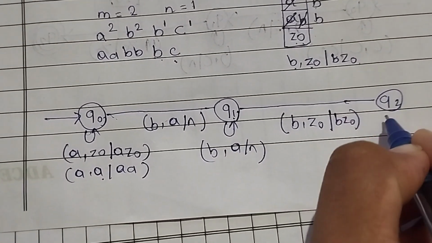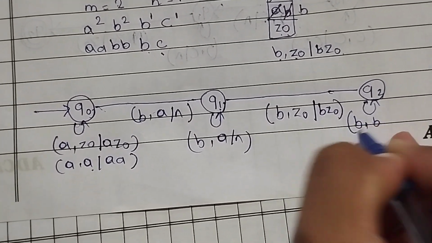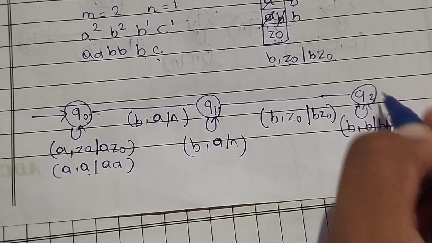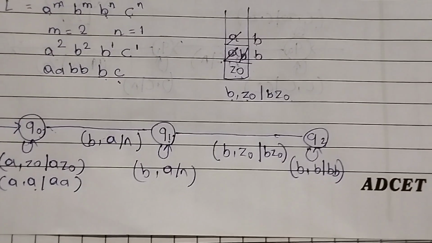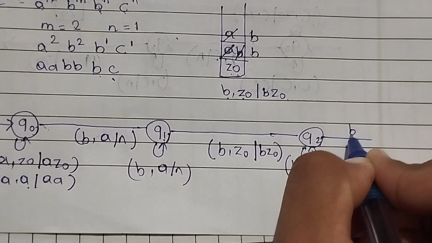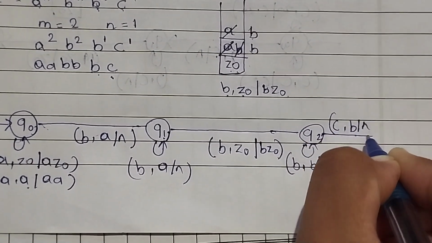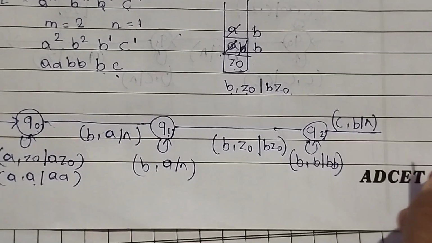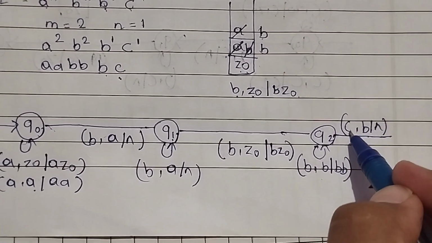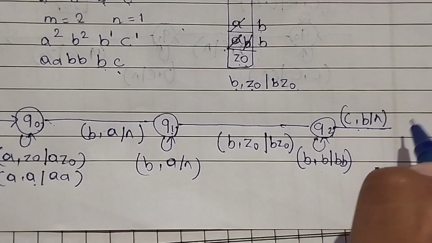So that time initially B is present and again we read B, then B B. But now the next step, here B is present in the stack and we read C, then pop the B's. Am I right? Here all the B's we push, next time we read this C and B is already present, then pop the B's.